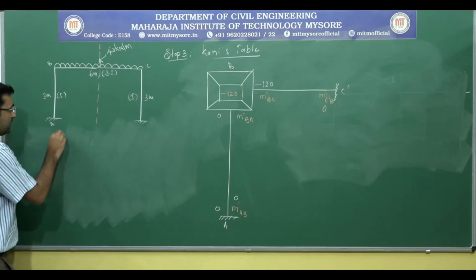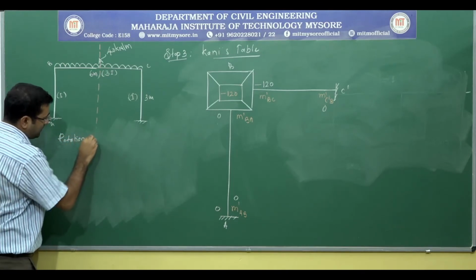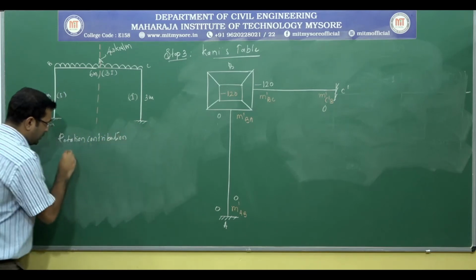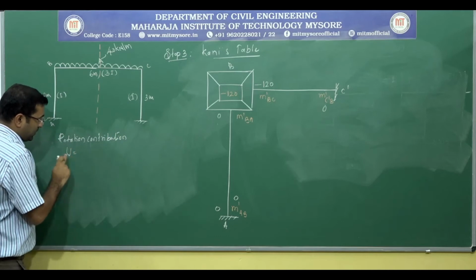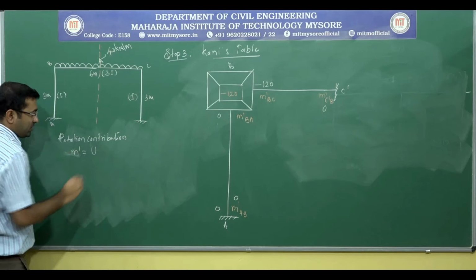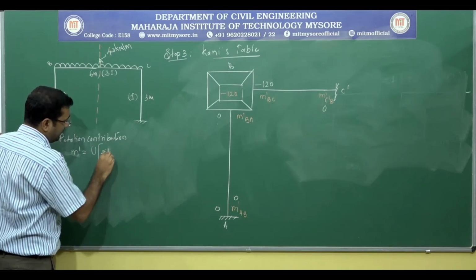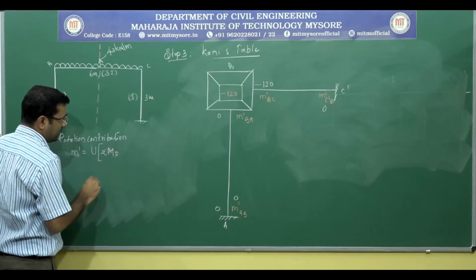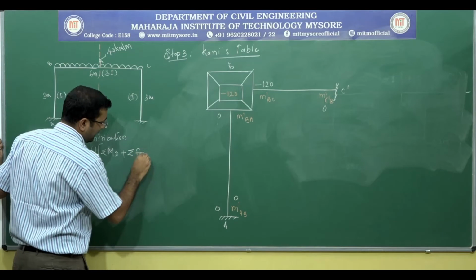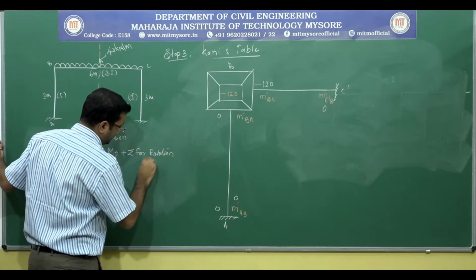We need only these two rotation contributions. As we already know, the rotation contribution M dash is equal to the rotation factor into the algebraic sum of fixed end moments at any joint plus the algebraic sum of far end rotation contributions.